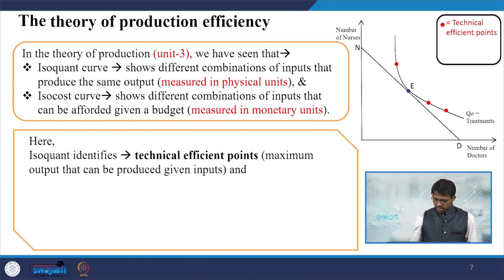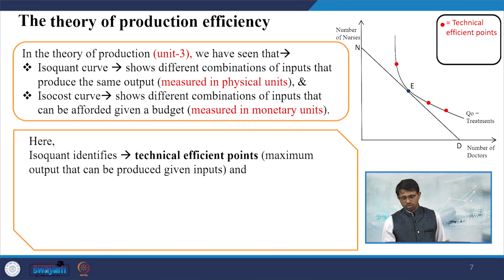Now, even in our efficiency chapter, we have also highlighted this diagram through the isoquant and isocost. In the efficiency chapter, in unit number 10, we will be discussing in even more detail the technical efficient points, how they are measured, and what the different methods are.